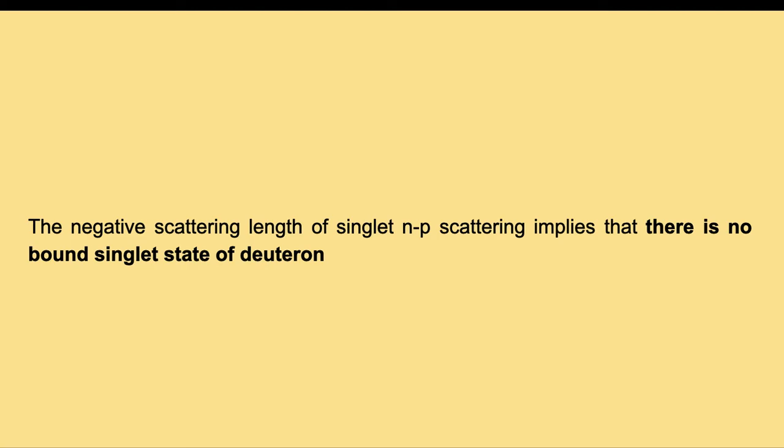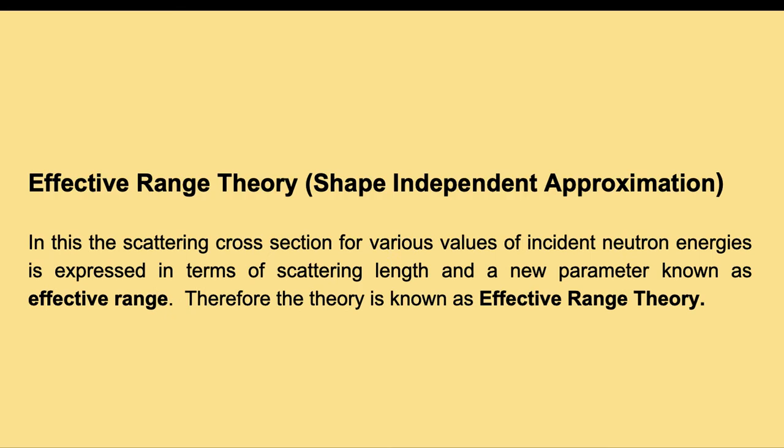But when they are bound together, if it is a singlet state, the force between them will be negative, which means that they can't be bound together. And if it is a triplet state, then they can be bound. So that is why we say that the negative scattering length of singlet NP scattering implies that there is no bound singlet state for the neutron.